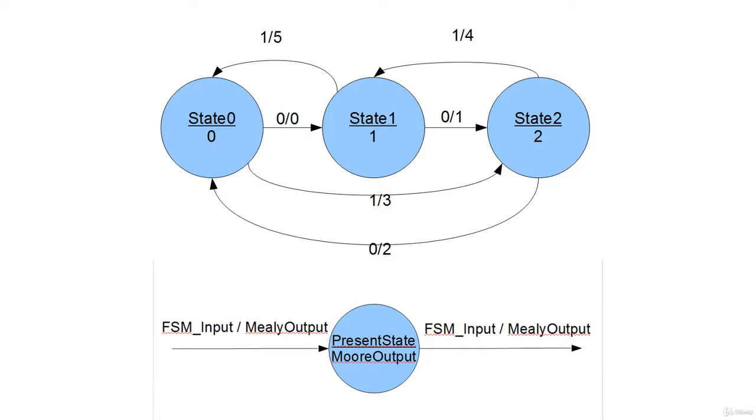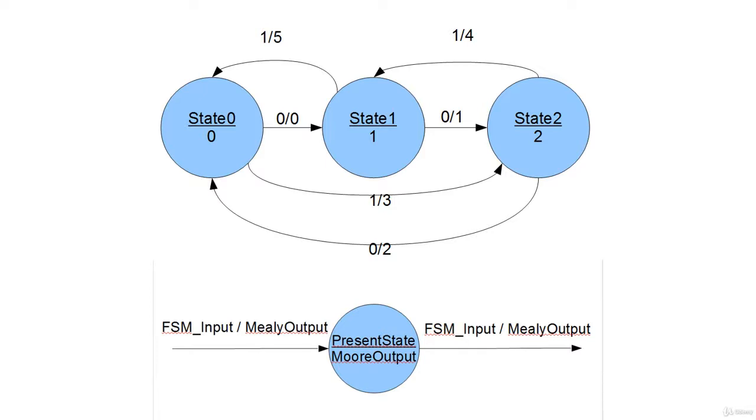It also shows you the Moore outputs. For the Mealy and the Moore outputs, it's 0 for state 0, 1 for state 1, and 2 for state 2.